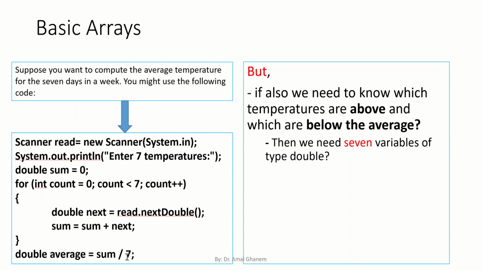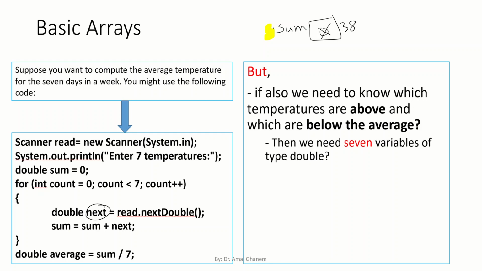So what we did at the beginning, we created sum as 0, and then each time we read a value from the user and we keep adding it to the sum. So if the user said the first number is 38, I will add it to 0 and it will be 38.